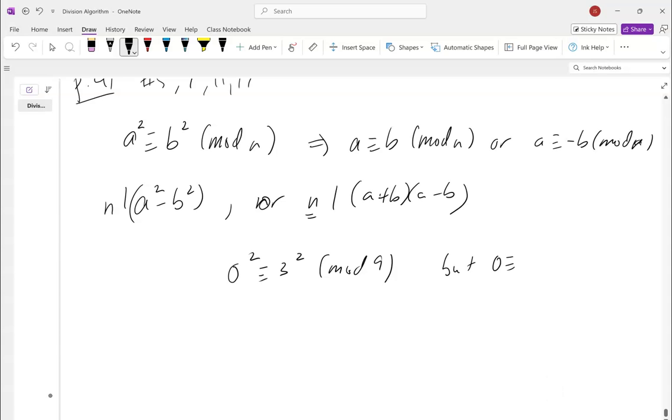But 0 is not congruent to 3 mod 9. And 0 is not congruent to 6 mod 9, which is negative 3. So that works. What kind of counterexample did you come up with?